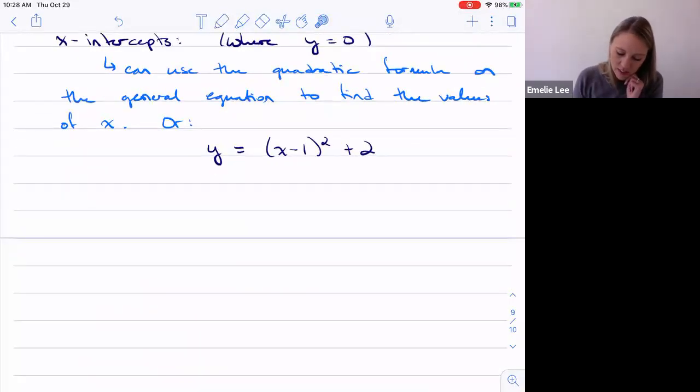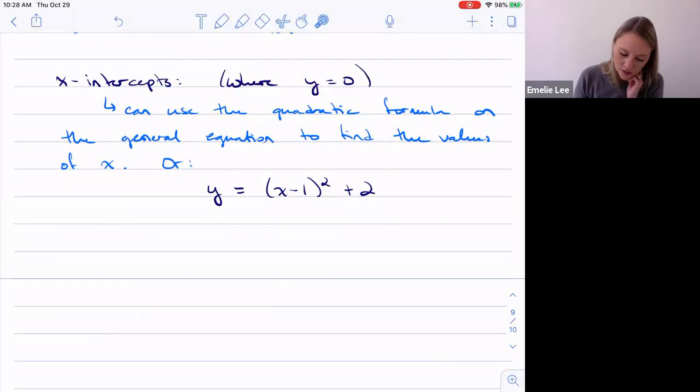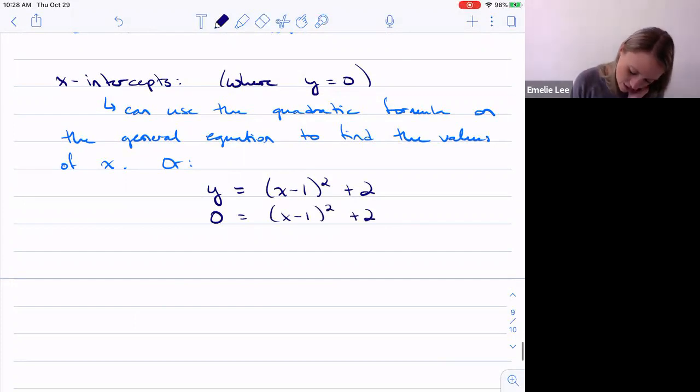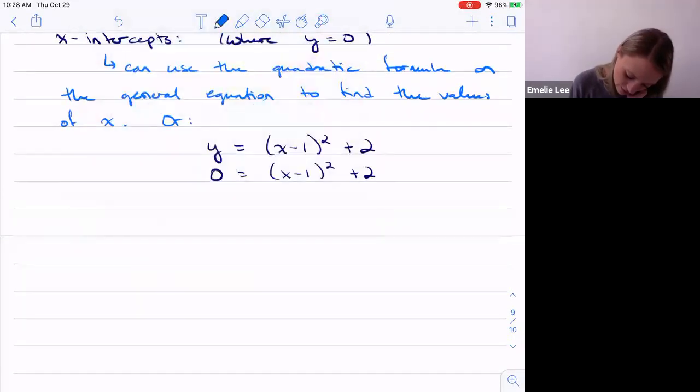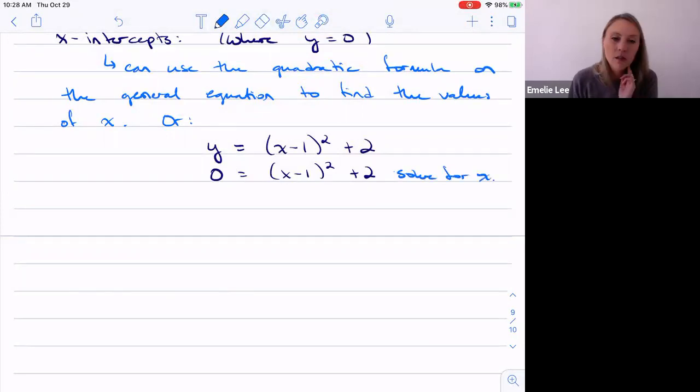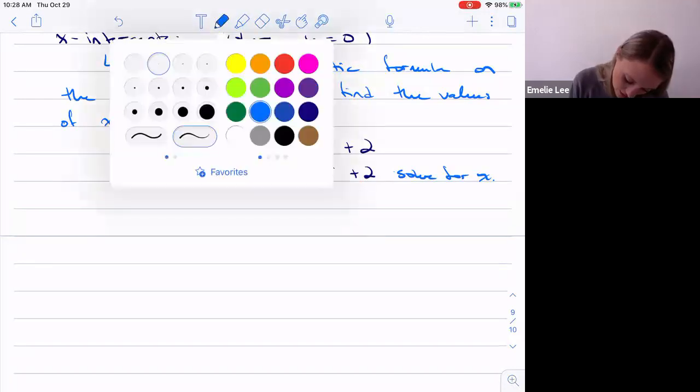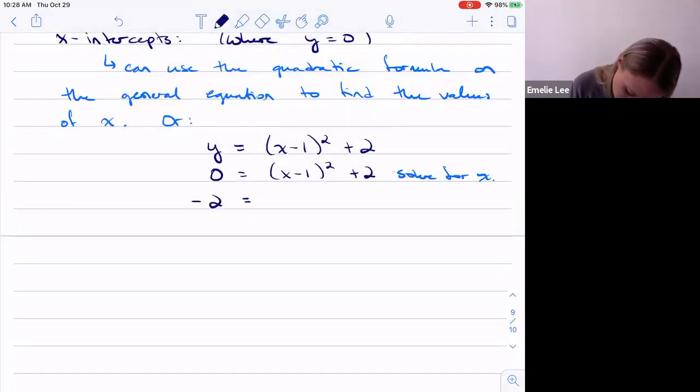Forcing y to be 0, because it's where y equals 0. So now I'm going to have 0 equals x minus 1 squared plus 2, and then solve for x. Subtract 2 from both sides, so I get negative 2 is x minus 1 squared.